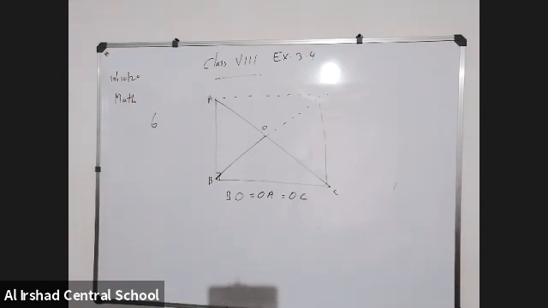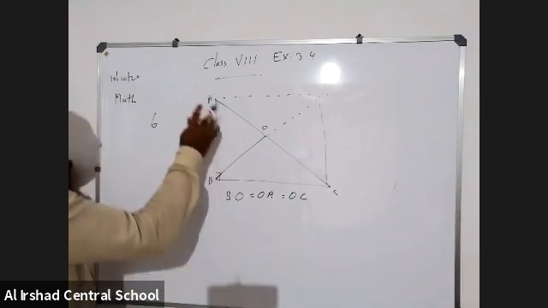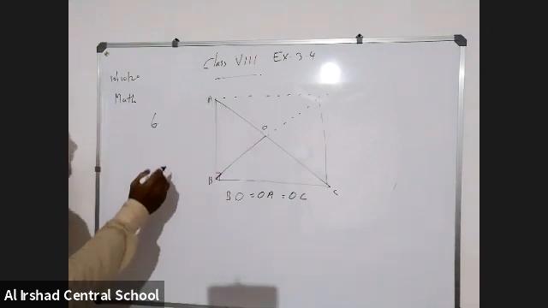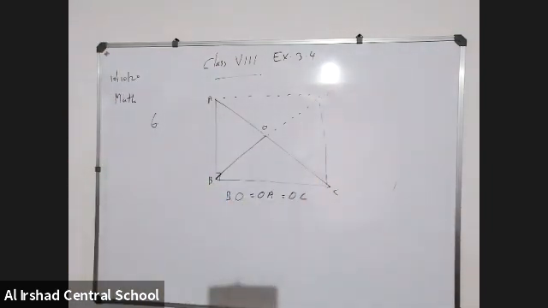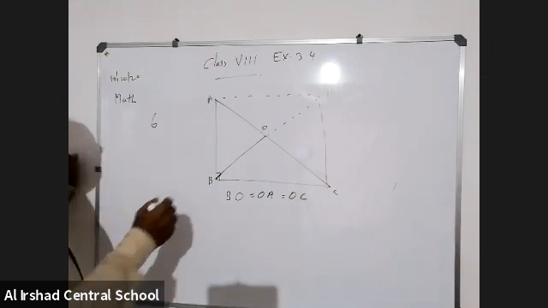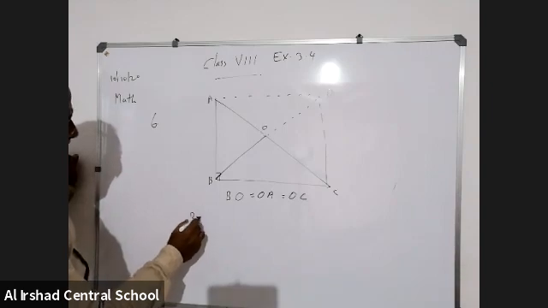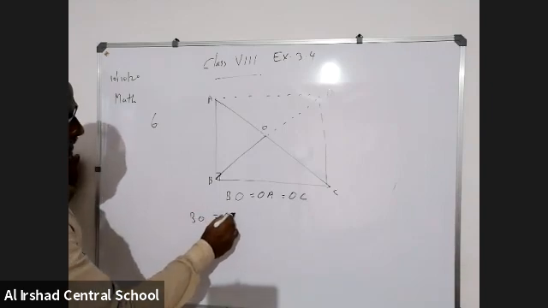Rectangle diagonals are equal and bisect each other. So in a rectangle ABCD, BO is equal to OD.